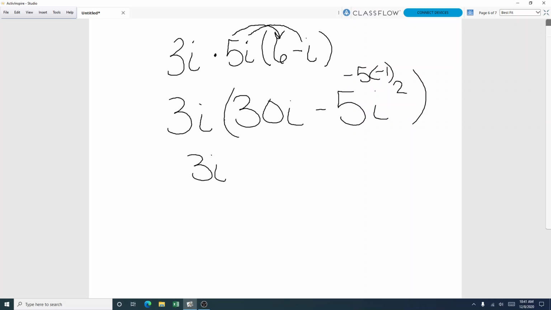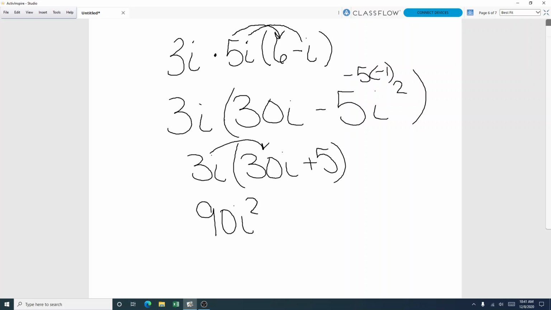So I have 3i times 30i plus 5. So now I have to distribute again. What's 3i times 30i? 90i squared. And 3i times 5? 15i. And then I have to change the i squared to -1.